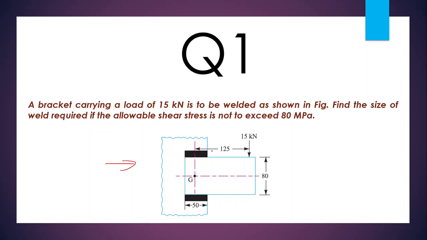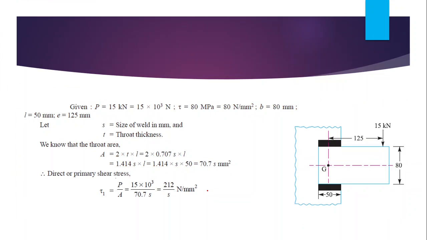Then this distance is equal to 125 mm, this distance is equal to 80 mm, and the applied load in this eccentrically loaded welded joint is equal to 15 kilonewton. Here the weld length is equal to 50 mm. Given P is equal to 15 kilonewton, that means 15 into 10 raised to 3 Newton.